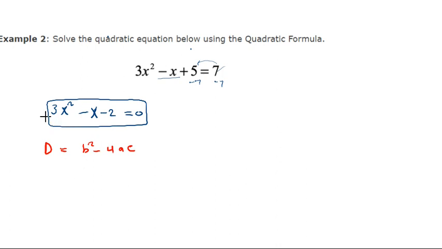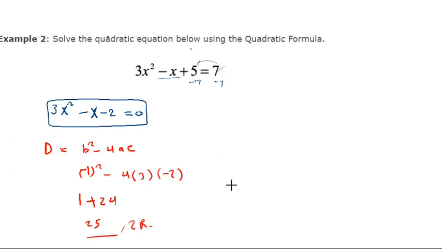Now b squared: b is minus 1, squared is 1, minus 4, a is 3 and c is minus 2. 4 multiplied by 3 equals 12, multiplied by minus 2 is minus 24, and minus minus gives us plus 24, so this is 25. It's positive, so two real roots.